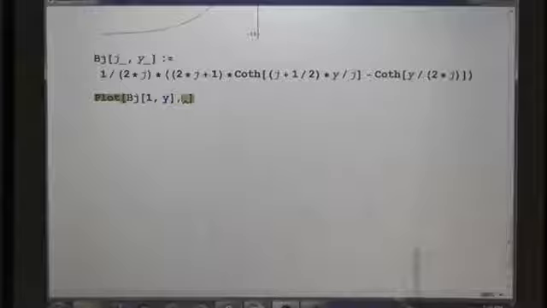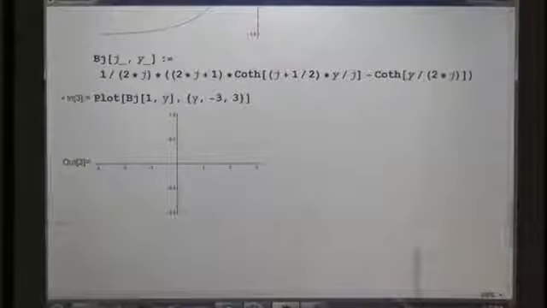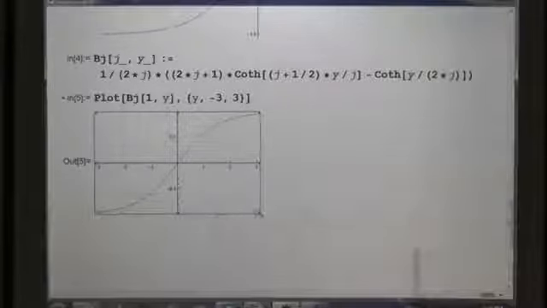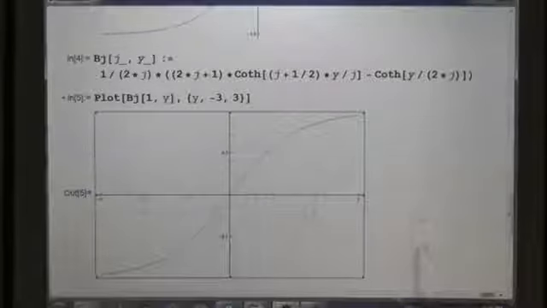I keep y as a running variable, and my y now varies from -3 to +3. This is what I get. This looks quite similar to what we get for a spin half system.